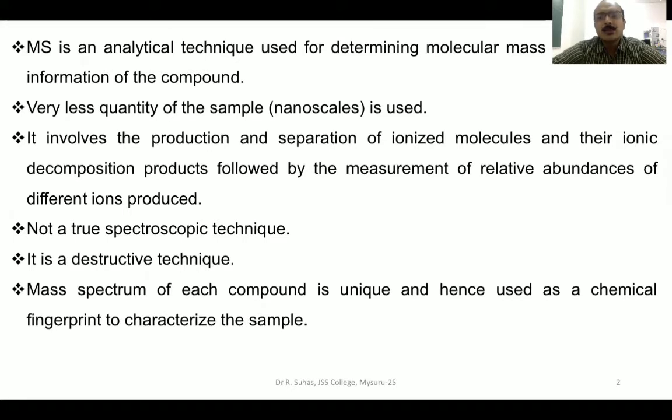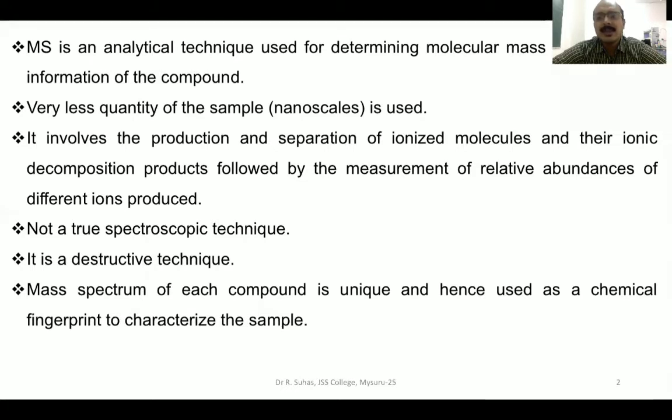Unlike other spectroscopic techniques, in mass spectrometry you need to use a very, very small quantity of sample, of the order of nanoscale. For example, if you use 1 mg in 1H NMR, here you can use 0.01 mg, or even less than that, for the determination of the mass.